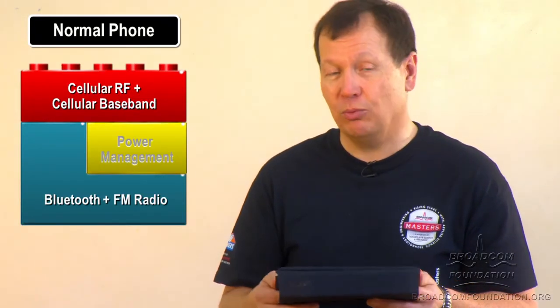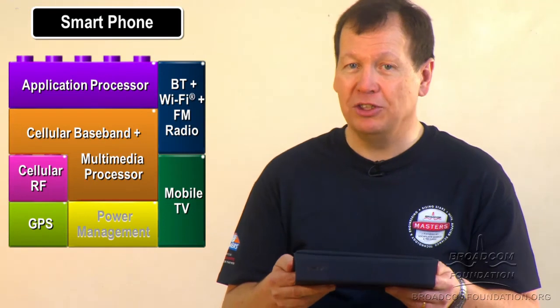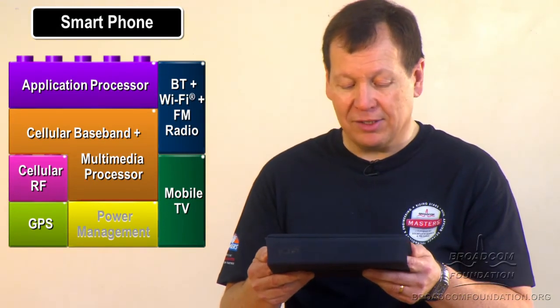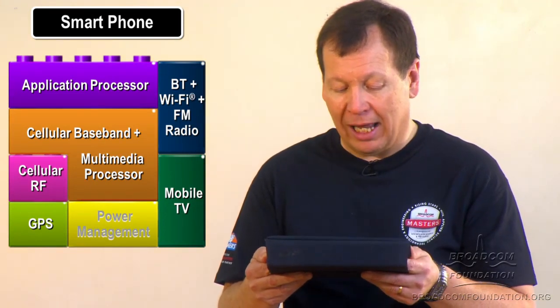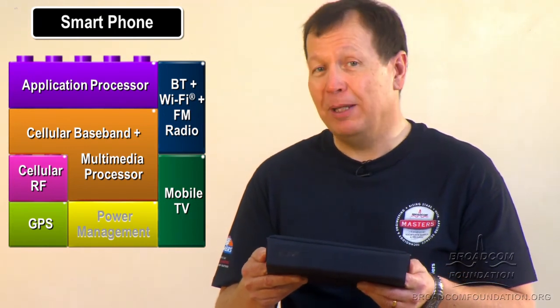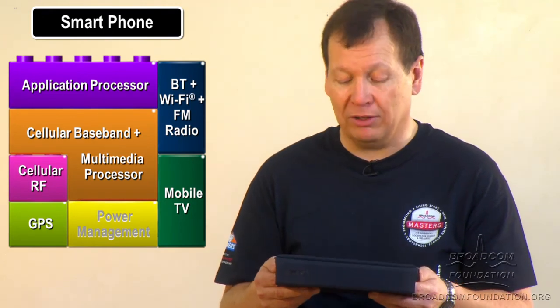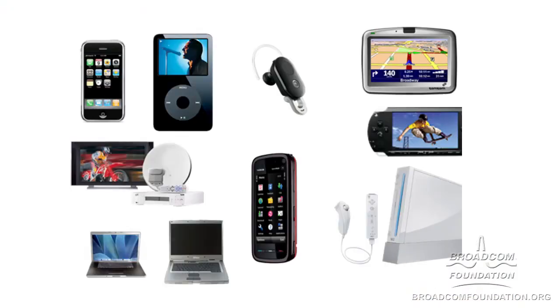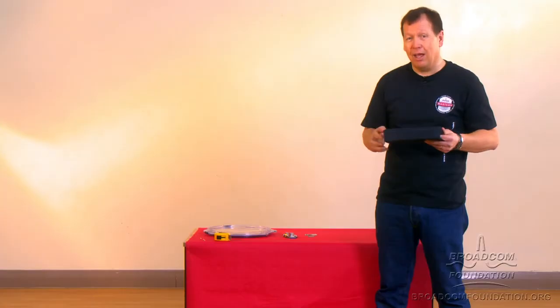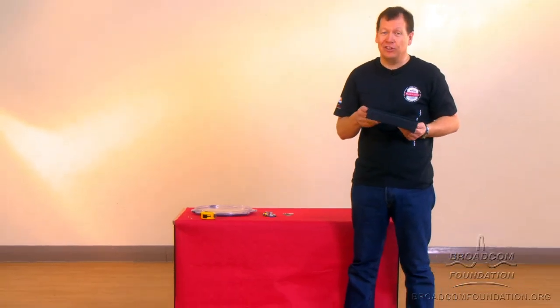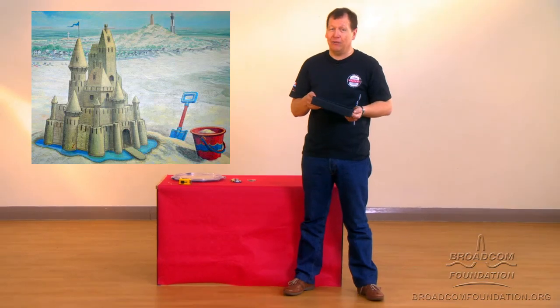Compared with the smartphones we use today, which include applications processors, GPS and sat-nav, Wi-Fi, and mobile television, there's been a big change in the last 10 years as we've been able to make more and more complex devices. So the next time you have any of these gadgets, just think about what actually goes into them and how many engineers and scientists were involved. I hope that's given you an overview of how we can turn sand into fun and make microchips at Broadcom.